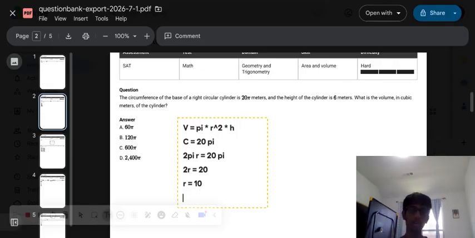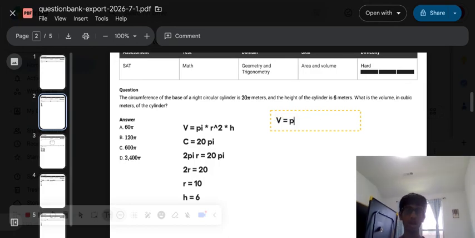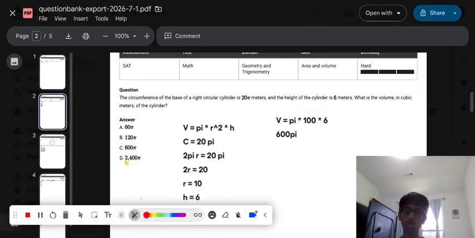And we already know that the height of the cylinder is equal to 6. So now we have all that we need. Volume is equal to pi times r squared, which is 10 squared, which is 100, times h, which is 6. So that is equal to 600 pi. And that is option choice C.